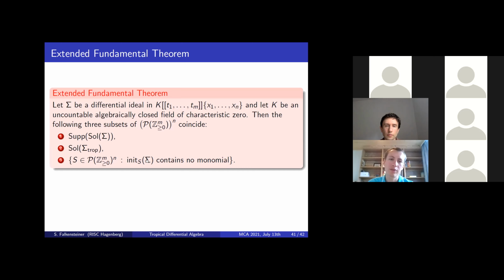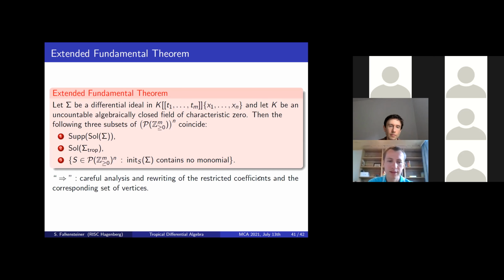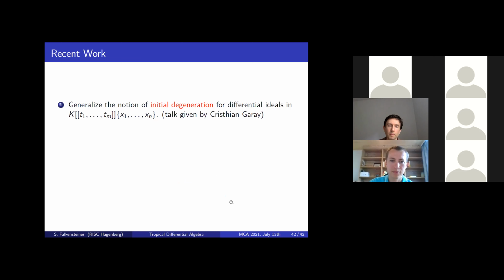And because we are taking a differential ideal, you can shift this trivial solution such that no solution will be there anymore. Okay, and the proof of it is just a careful analysis, rewriting things, and checking all definitions, and this can be done.